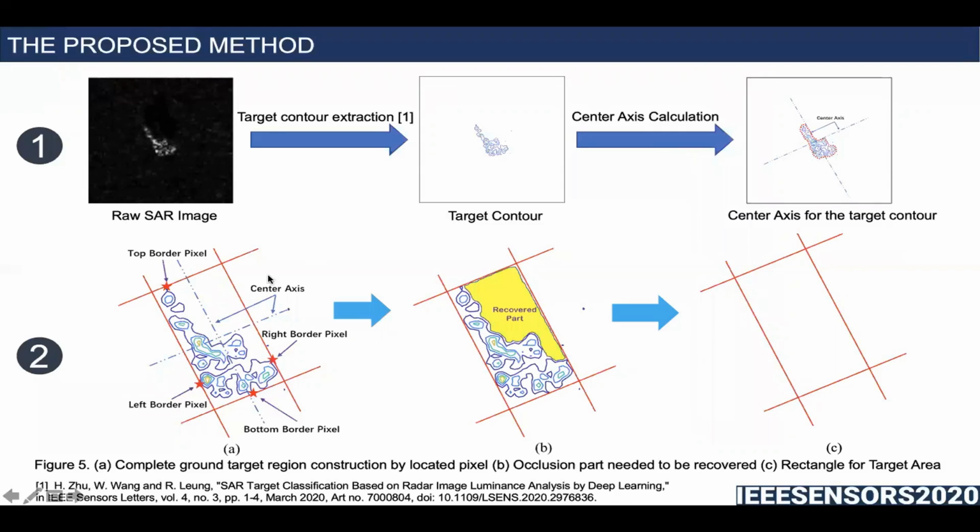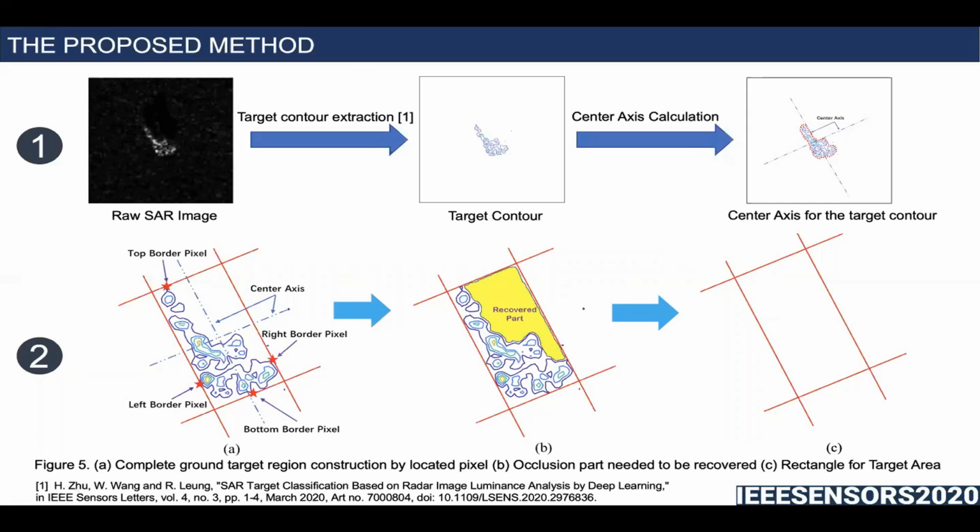Next, in step 2, we determine a rectangle area that we are interested in. In this area, also shown in this figure, we are going to construct the information in the missing part, which is the yellow part of this recovered part, to form the completed target profile that we are going to use.